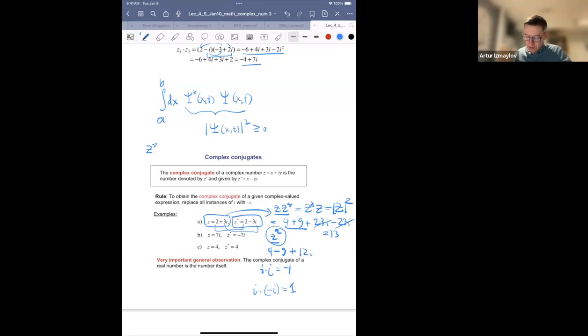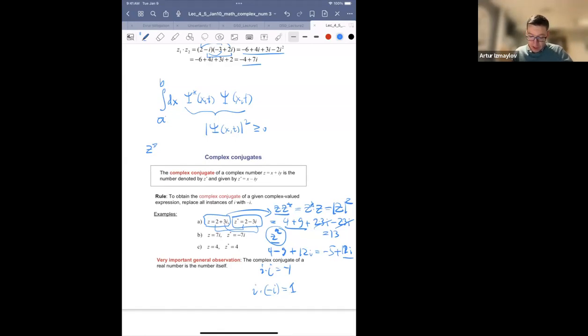So technically, 4 minus 9 is minus 5, plus 12i. So the real component is not positive, and there is a complex component. As you can see, the square of a complex number could be anything complex, and the absolute square is always positive, which is nice.